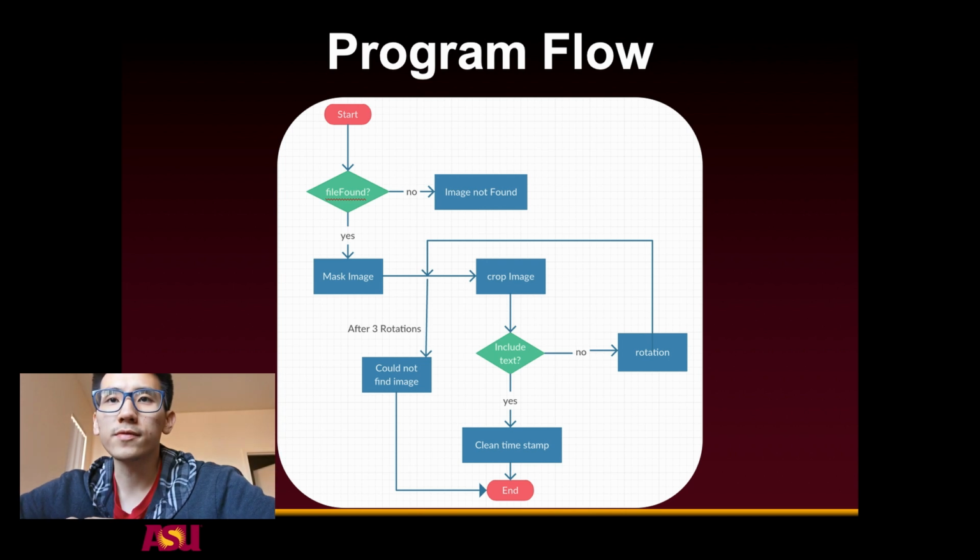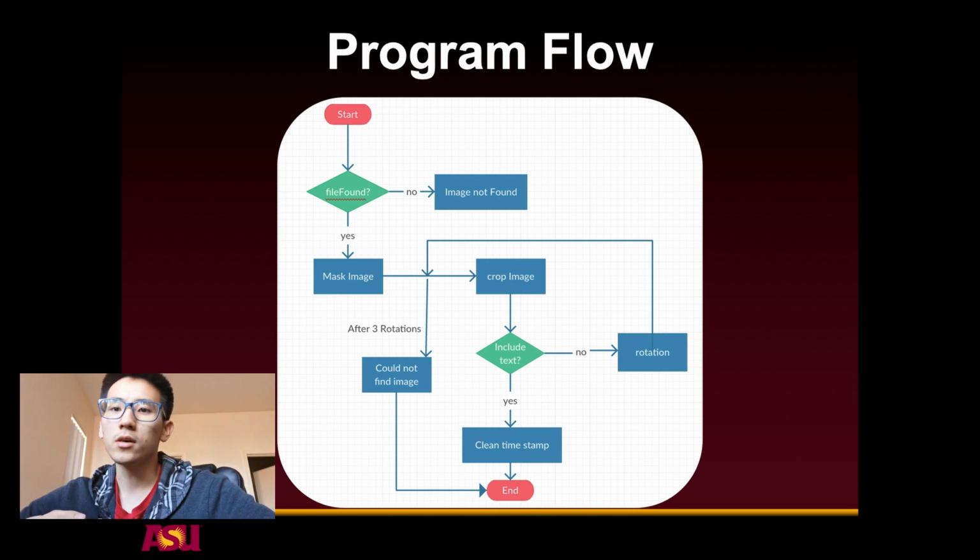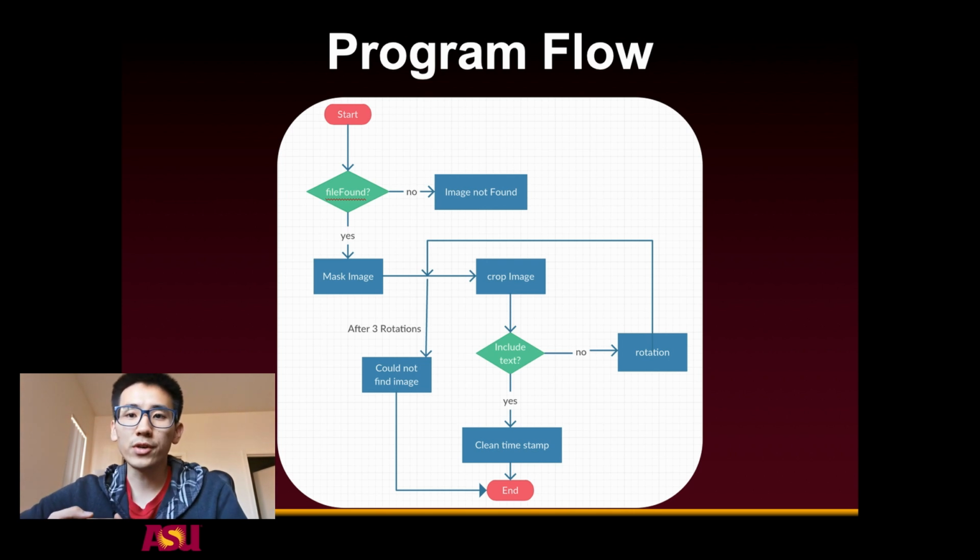Here is the program flow for our algorithm. So after we start the program, we'll try to find the image. If the image is included in the file, we will process the image. First, we'll do the mask image to filter out the timestamp region. After that, we will crop the region, and we're just processing the crop region, not the whole image.